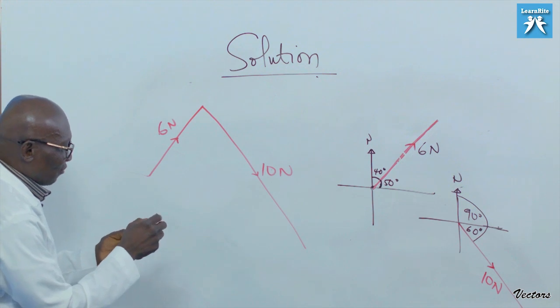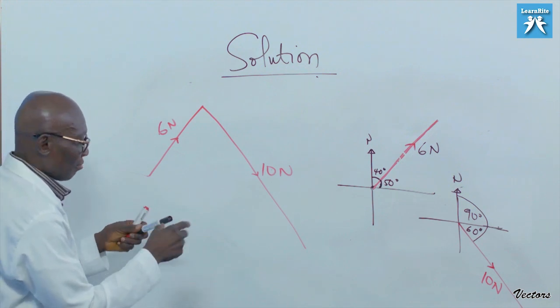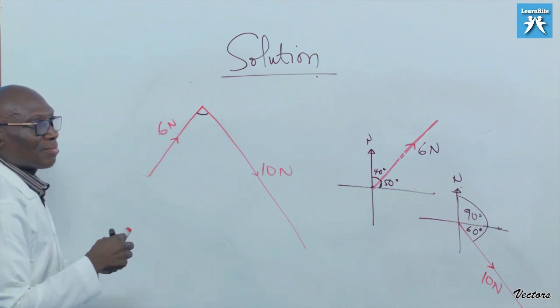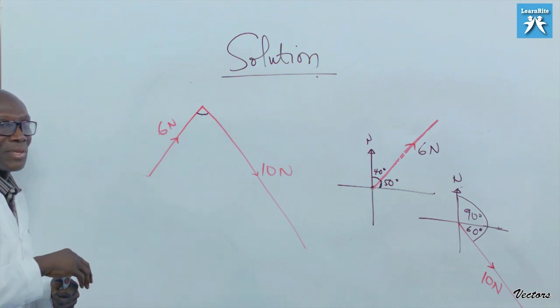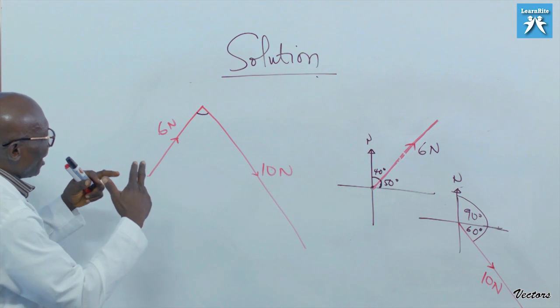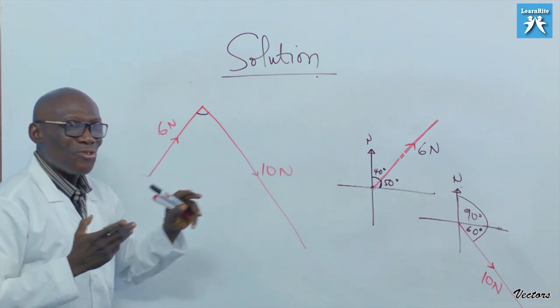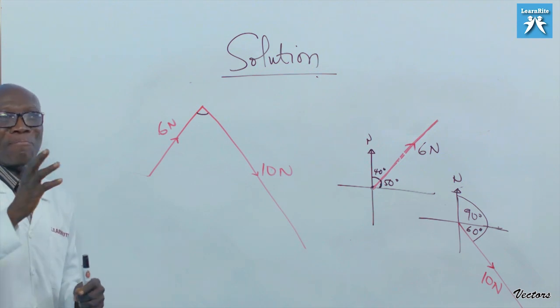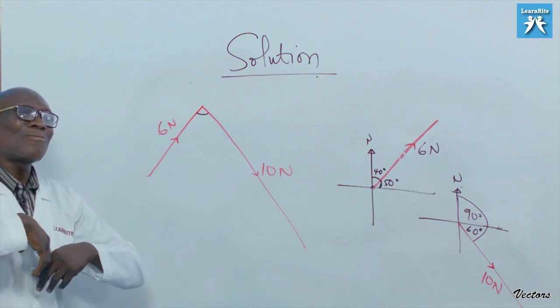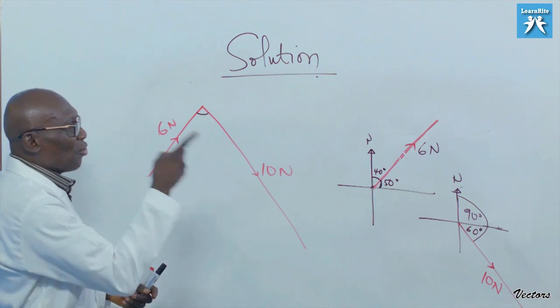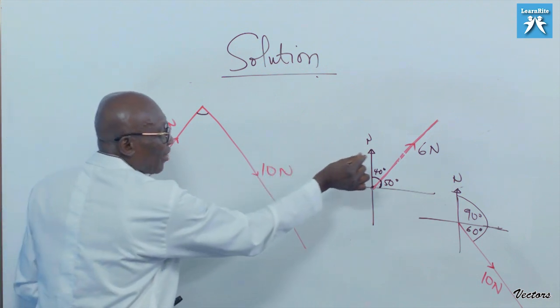Now, you ask yourself, what is this angle? This angle is so important to us. They are joined together at what angle? We can go here to look at it step by step. Now watch this. If you look at it carefully, this is the vector.